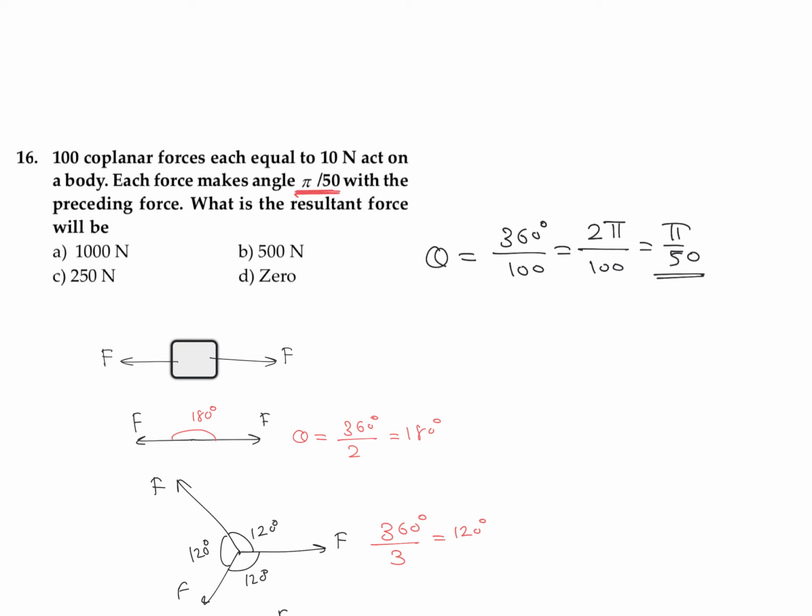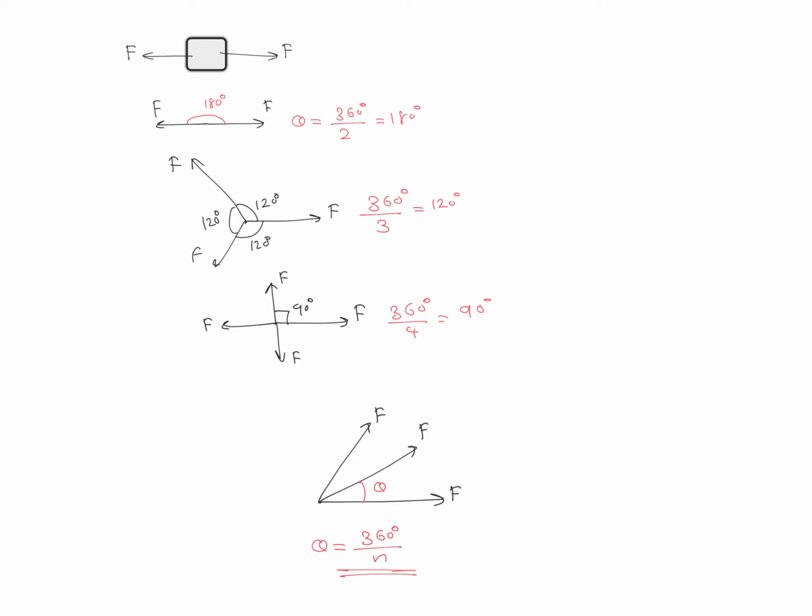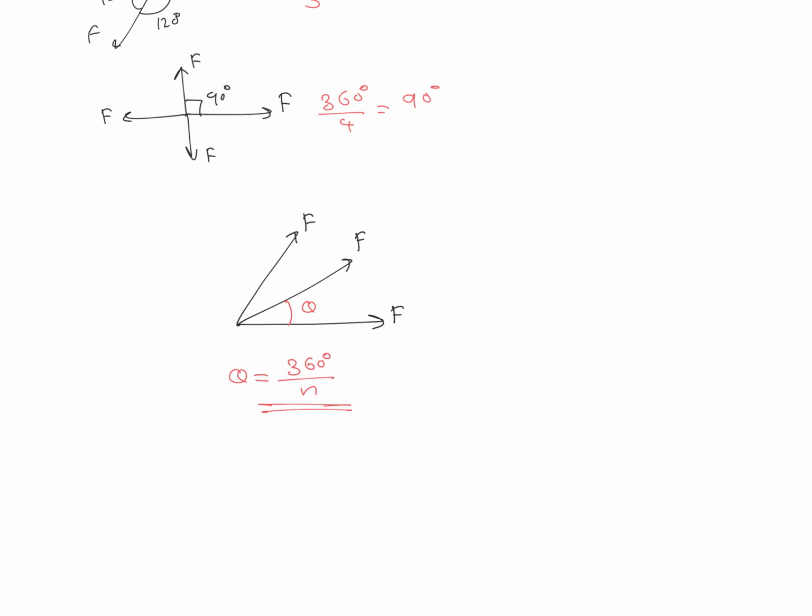So if there are 100 coplanar forces, whatever the magnitude may be, there is no issue, and the angle between them is pi by 50, then the resultant force will be equal to 0. Or if there are n number of forces of equal magnitude, and the angle between them is 360 by n in degree, or 2 pi by n in radians, then the resultant force will be equal to 0.